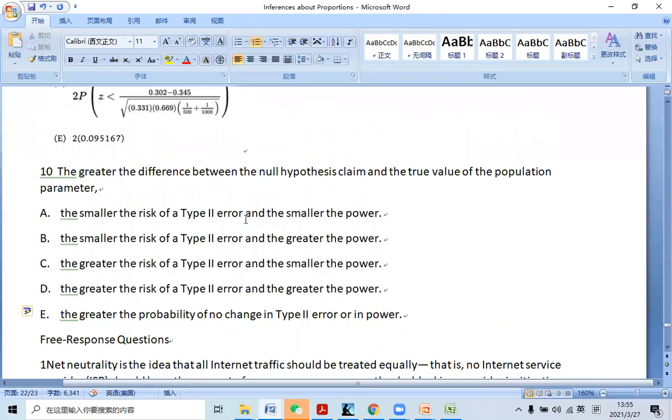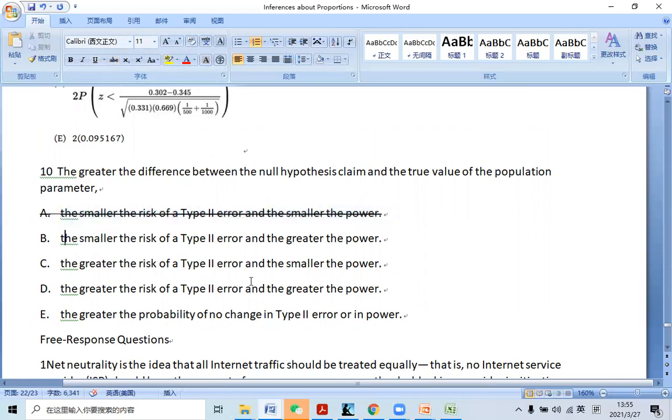That is the power. The larger the power, the smaller the possibility of a type 2 error. In other words, the smaller the risk of making a type 2 error, the bigger the power. So this one's gone. This one's not good.